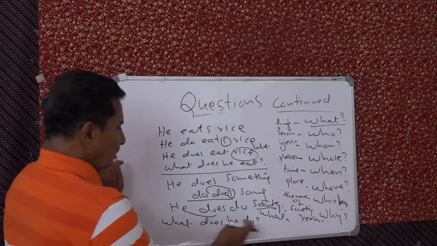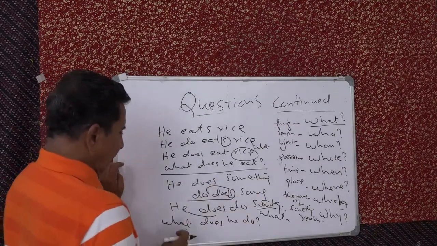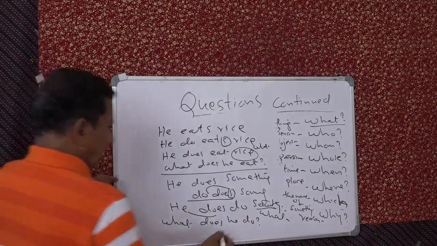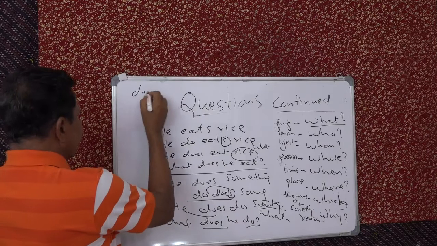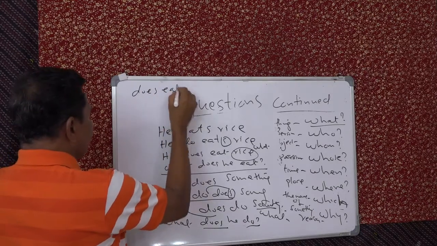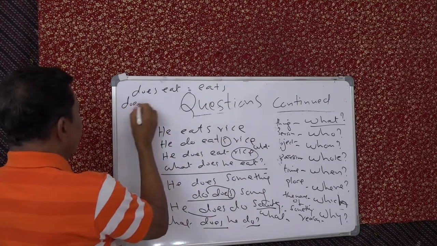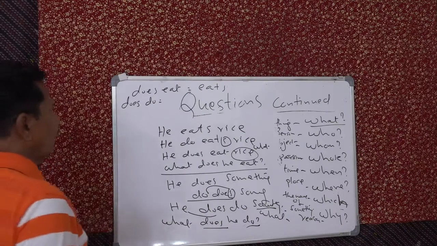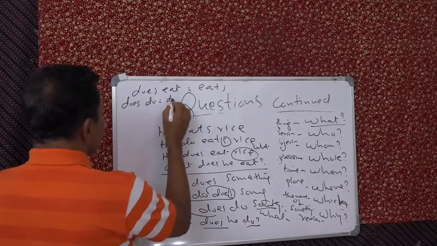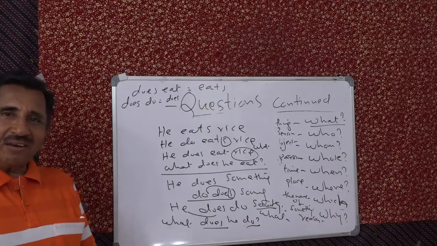What does he do? He does something. So does eat will become eats. Then does do will become does. So what is the confusion here?